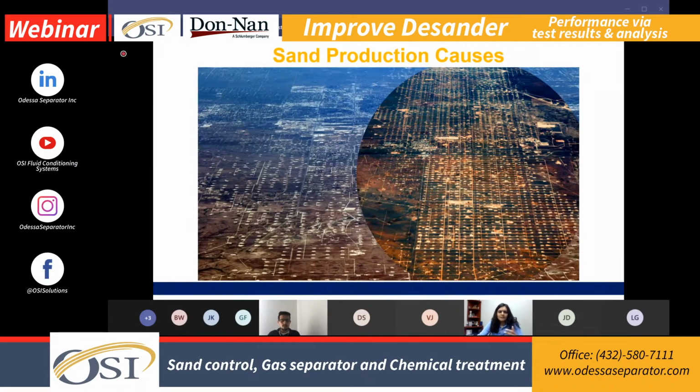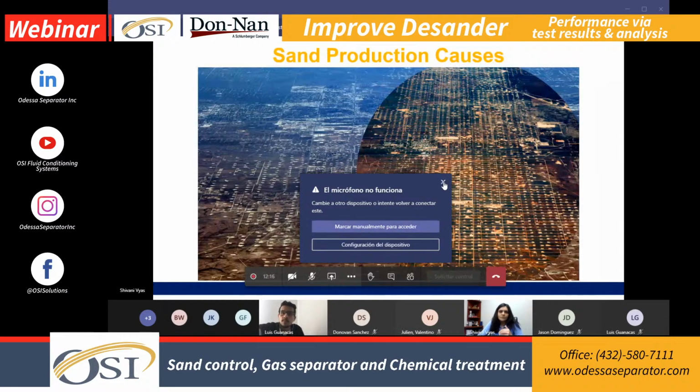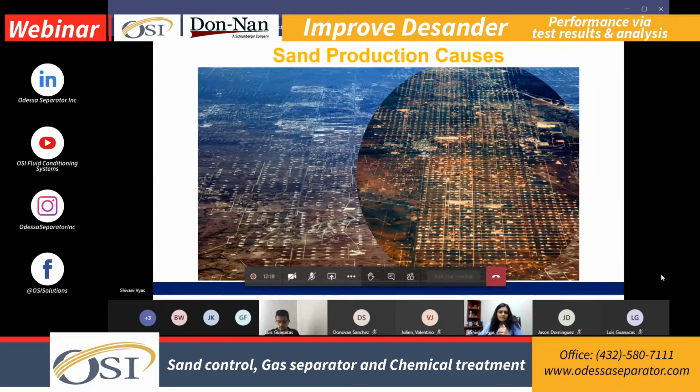I believe in the Delaware Basin, the average well spacing went from about 979 foot to about 675 foot, and we saw the same trend in the Midland Basin, which went from about 675 to about 545 foot. That's one of the main causes of the parent-child interaction problems, and also one of the main reasons for the sand production.